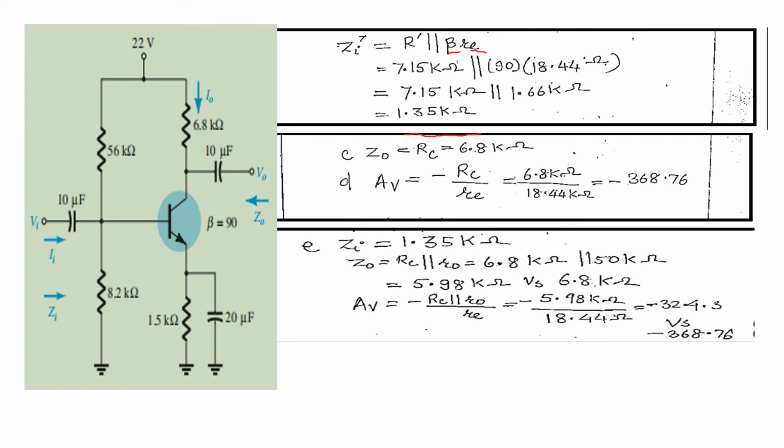When R0 was given to be 50 kilo ohms, the input impedance came out to be 68 kilo ohms. So AV, how much is it?